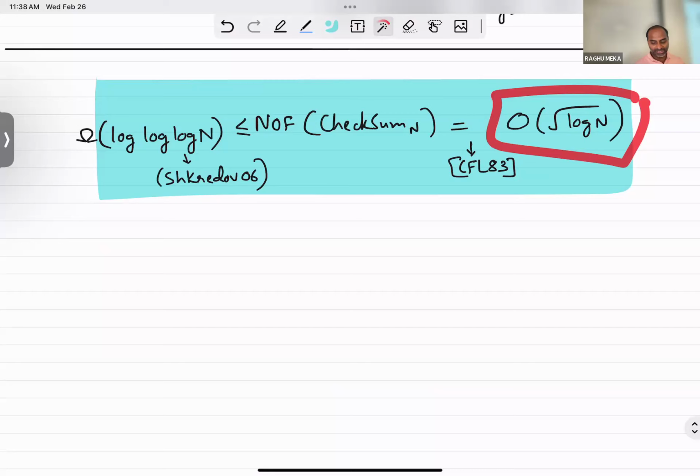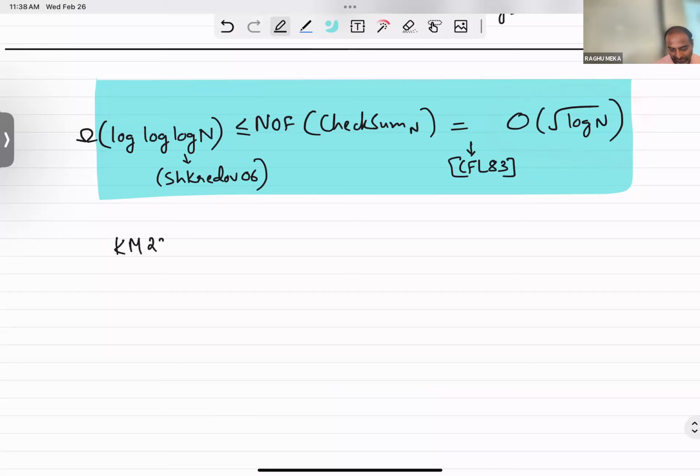But, in some sense, what we knew from 23 is that this approach cannot give a protocol with complexity better than log n to the 1/3. Because it's some kind of a lower bound on these kinds of protocols.